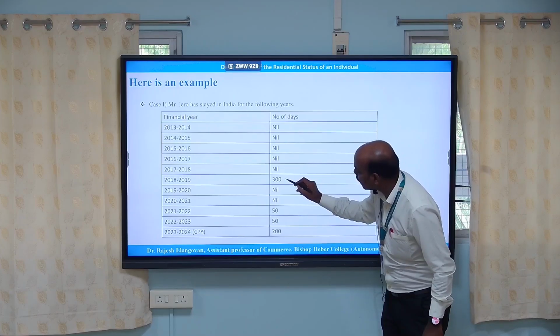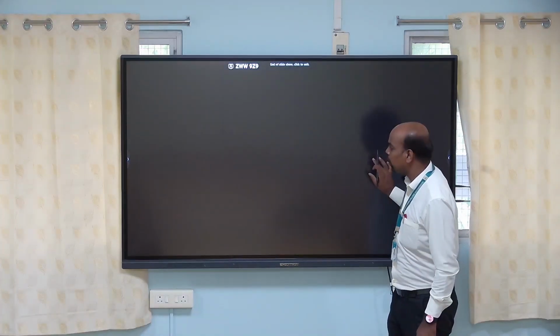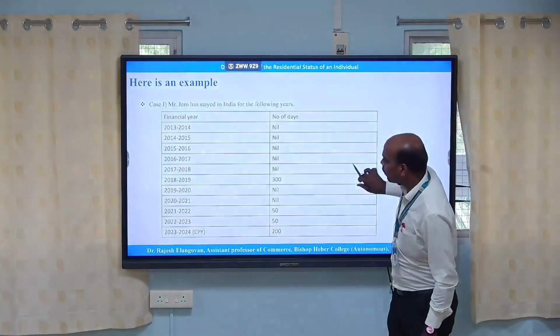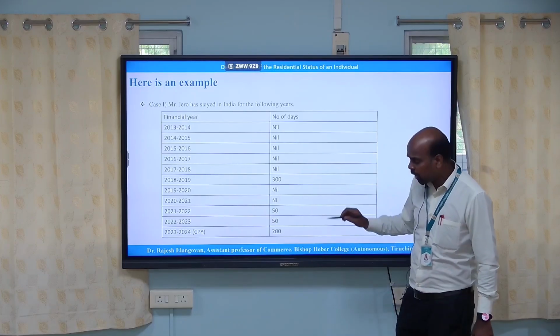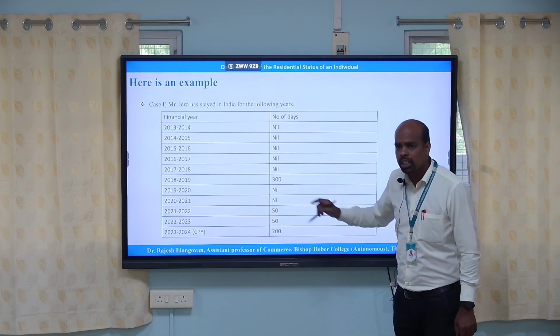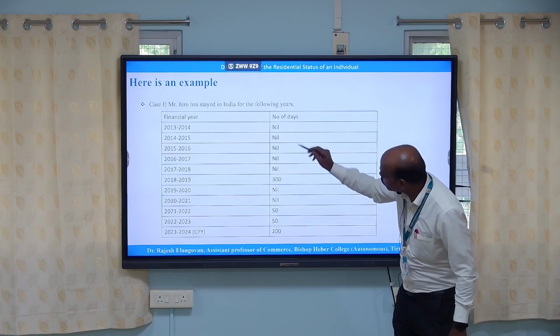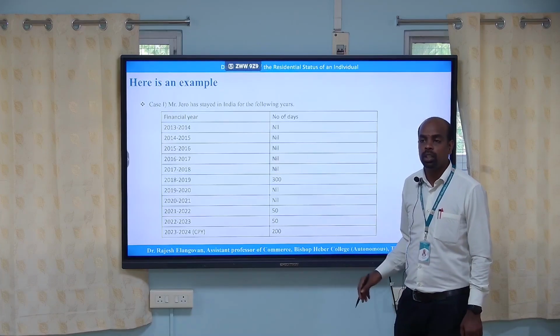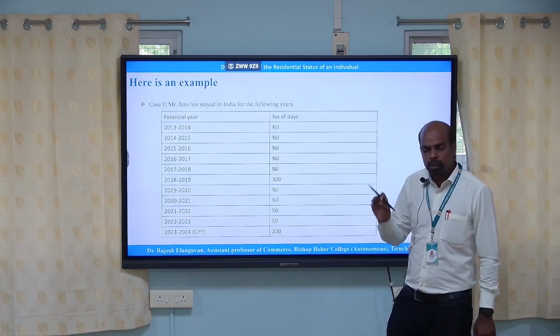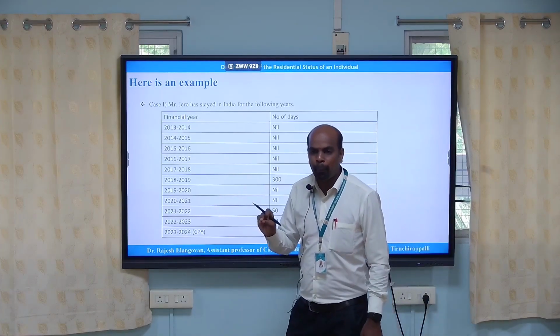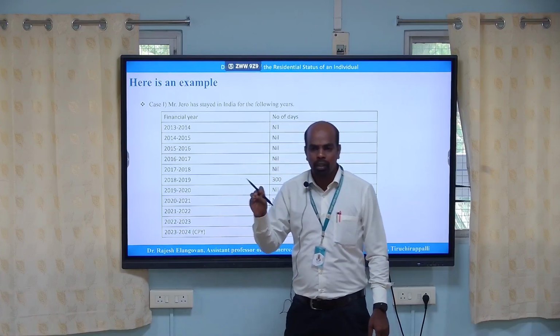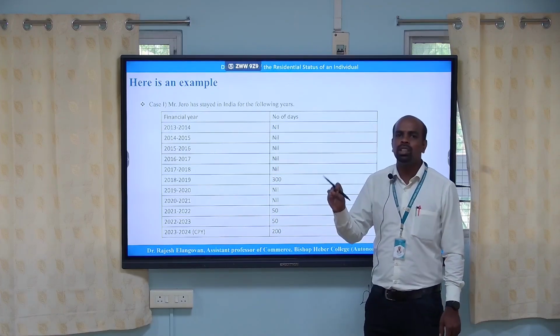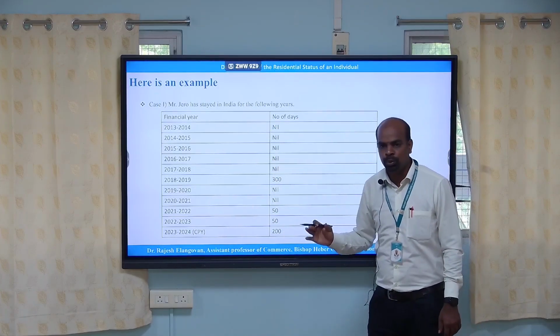But only in 1 year he was a resident. For the rest of the years, he was not a resident. Therefore, he fails to satisfy additional condition 1 as well as additional condition 2. Now you can conclude that Mr. Jero is a resident but not ordinary resident because he fails to satisfy both additional conditions 1 and 2.